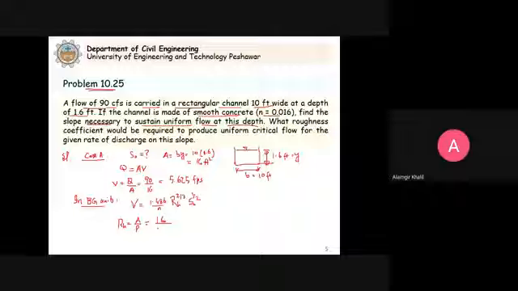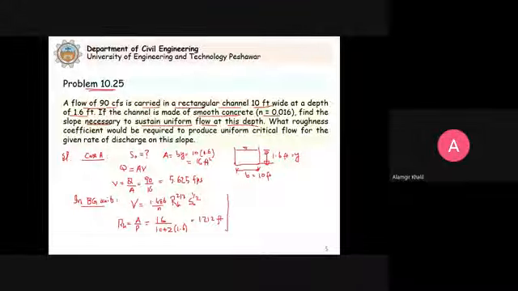So we have 10, the width of the channel, plus 2 times 1.6. This will give us the hydraulic radius, which comes out to be 1.212 feet.